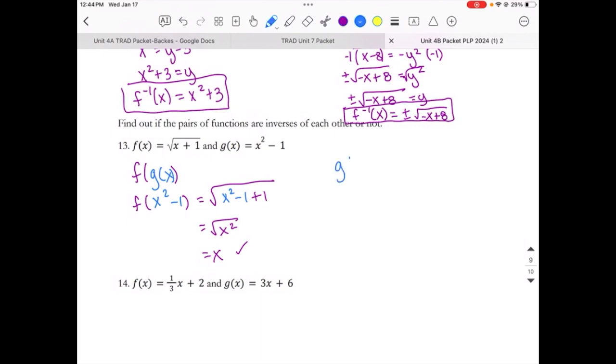And then we need to check g of f of x. So when we do g of f of x, we're going to have g of this whole function, square root of x plus 1.